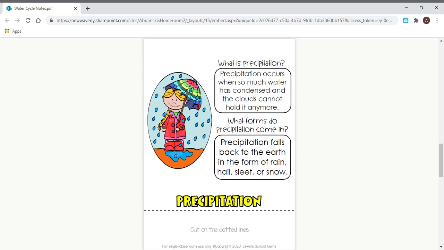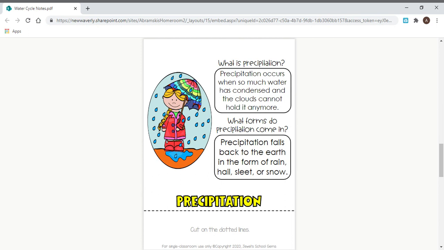So what is precipitation? Precipitation occurs when so much water has condensed and the clouds cannot hold it anymore. So again, it's how it holds, like we were just talking about for condensation. So with what precipitation is, what forms does precipitation come in?